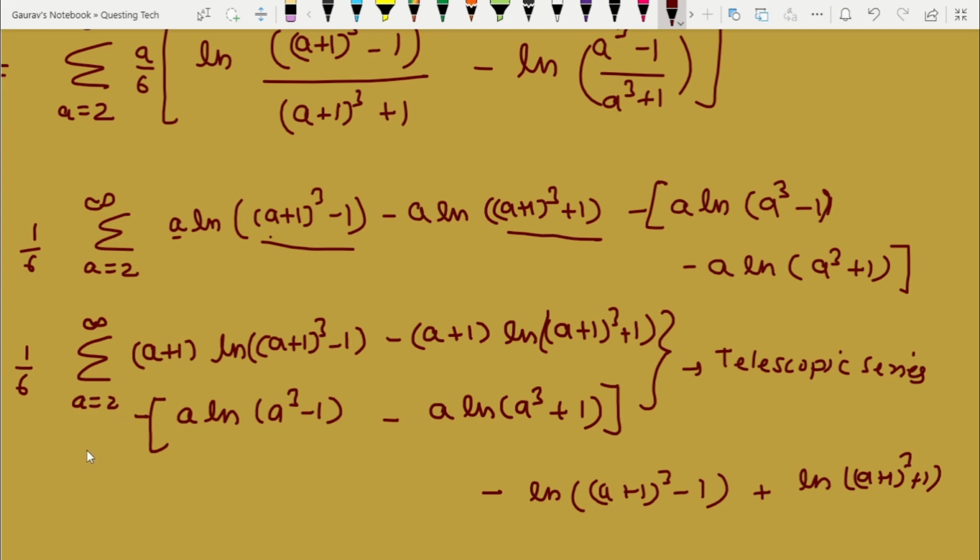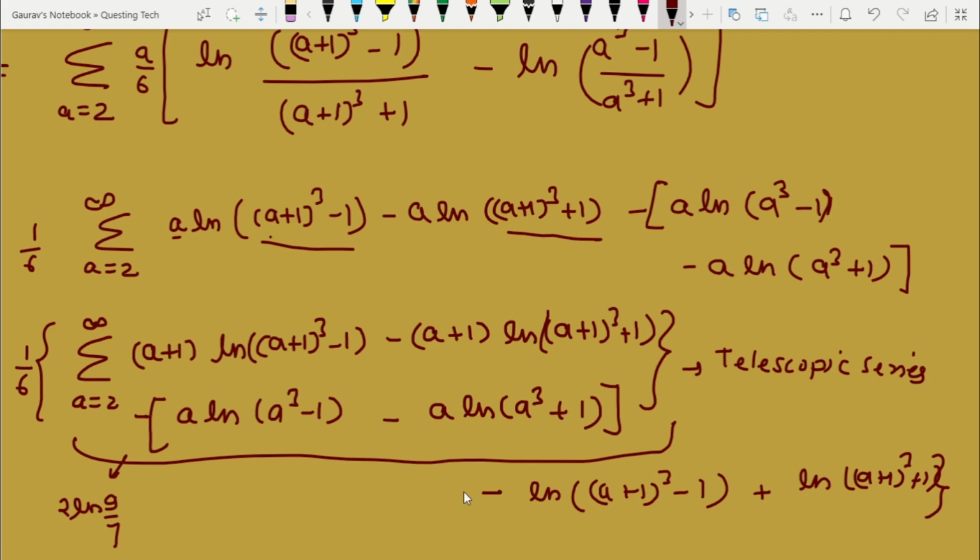So this expression comes out to be 2 ln 9/7. And here we can also add the limit sign, limit a equals to infinity.